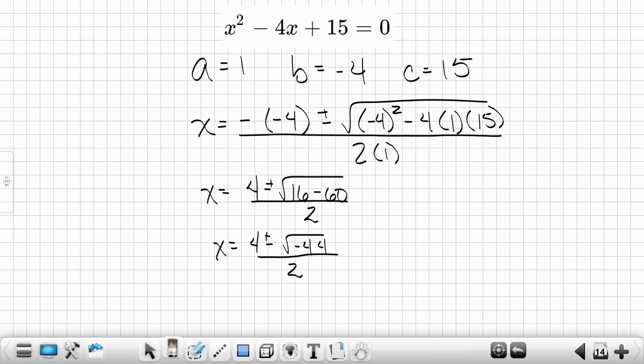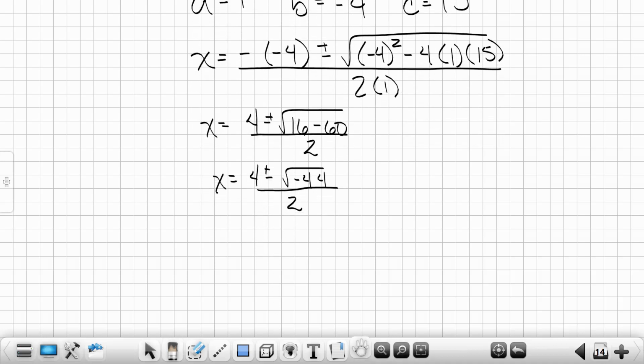So, Destiny, could you have room for 2 steps? Okay, so we'll do 2 more steps. We have x equals 4 plus or minus the square root of negative 4 times 11. So the square root of negative 4 is 2i.